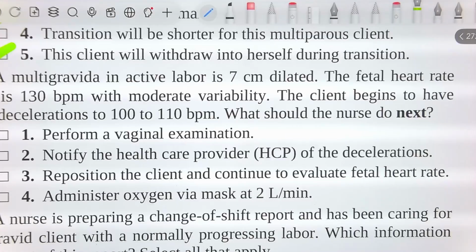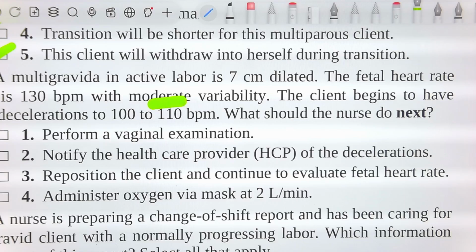Let's read the 36th question. A multigravida in active labor is 7 centimeter dilated. The fetal heart rate baseline is 130 beats per minute with moderate variability. The client begins to have variable decelerations to 100 to 110 beats per minute. What should the nurse do next?